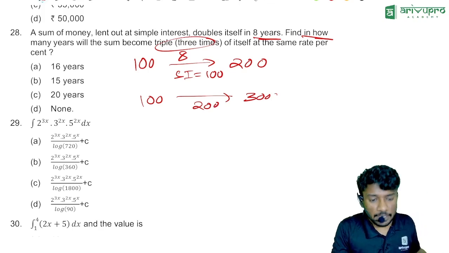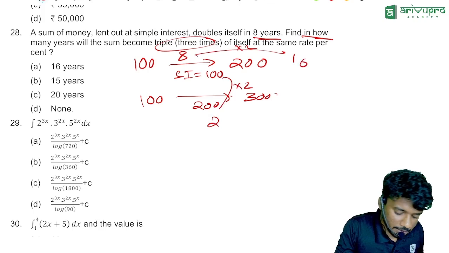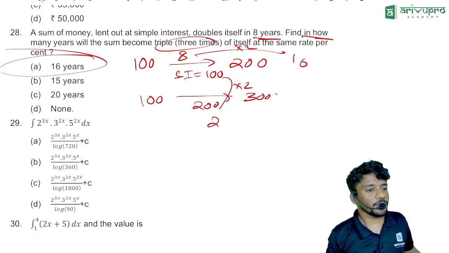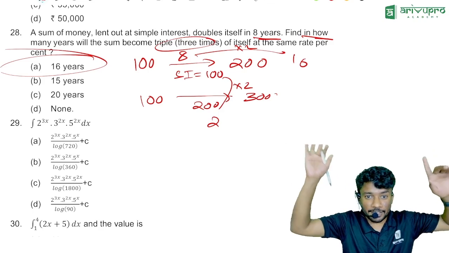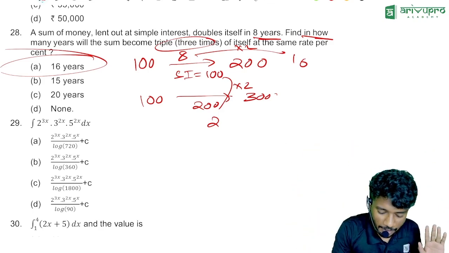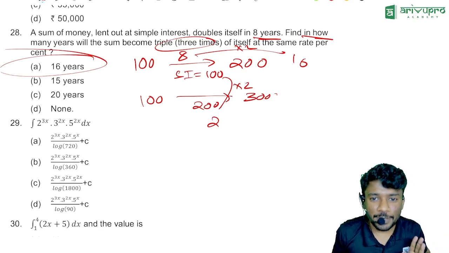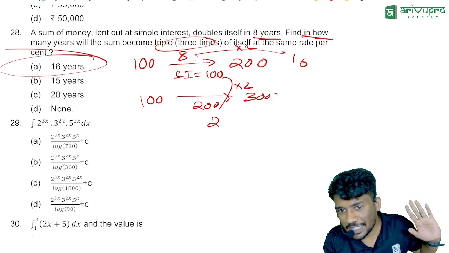So we want to find the year. That means 100 is into 2. So 8 into 2. Answer is 16. We are not even writing the formula. In the beginning stage, we used to write SI2 divided by SI1 into T1. Now we are just telling 100 is becoming into 2 is 200. So number of years will become into 2, that is 16.